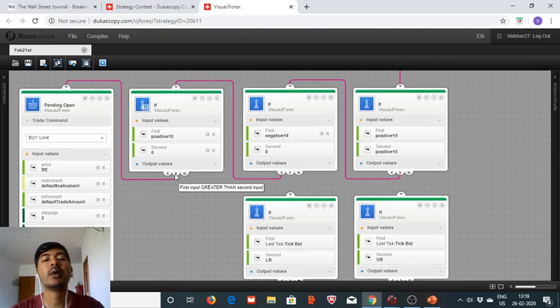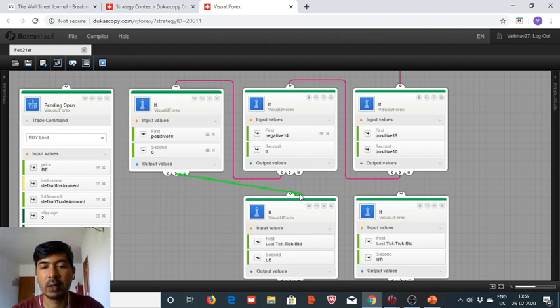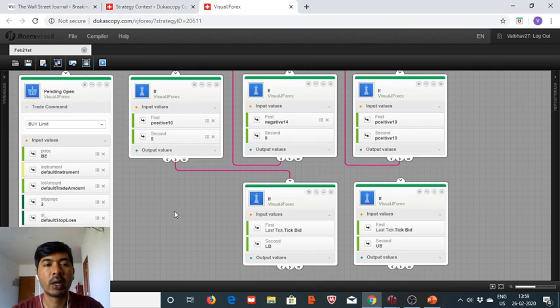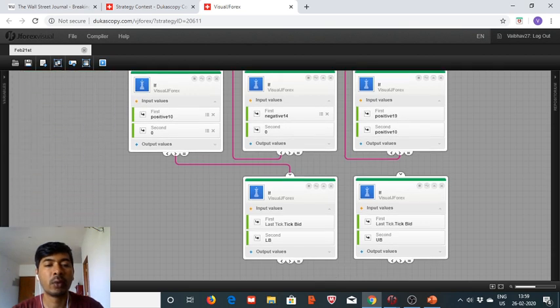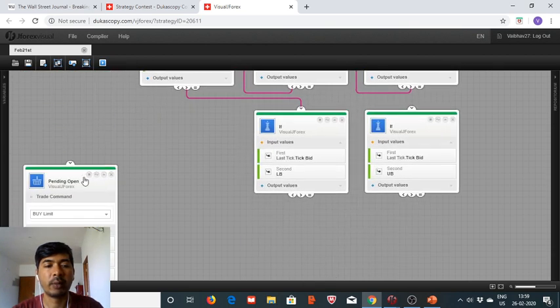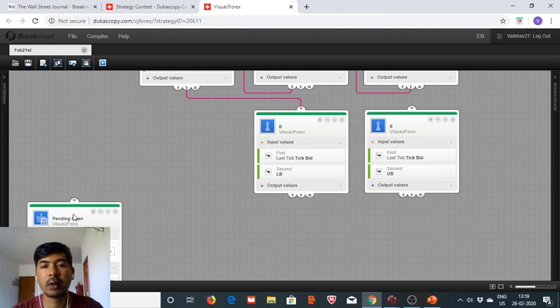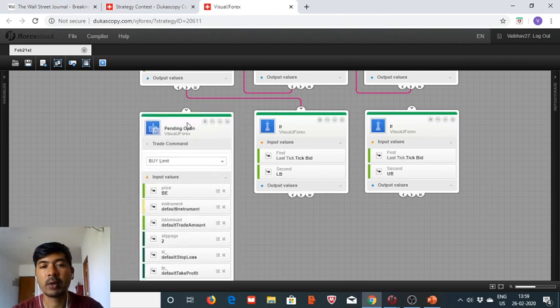So here we are not going into the details, we are just following. So the development done so far indicates that the positive change should be greater than 0. So we just tie it here, and we are going to bring this pending order lower, and for the time being we keep it here.